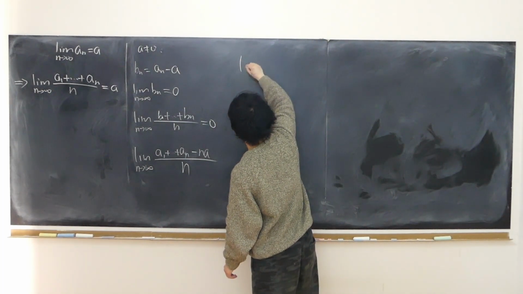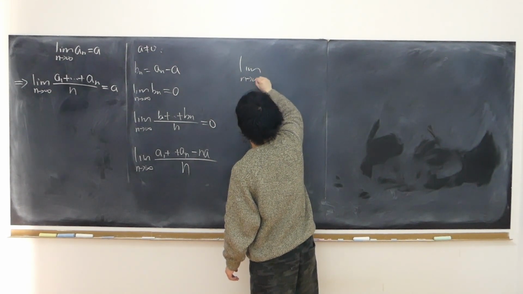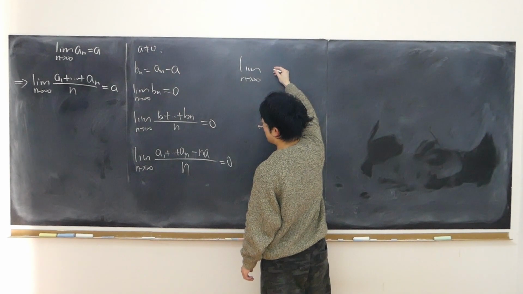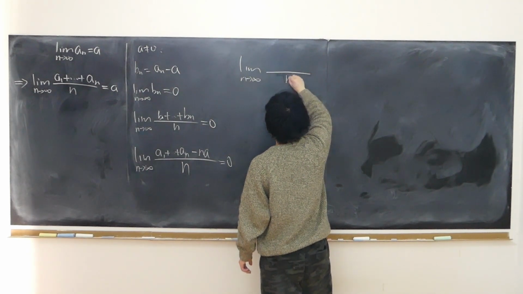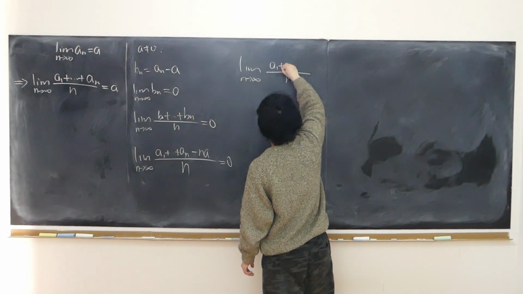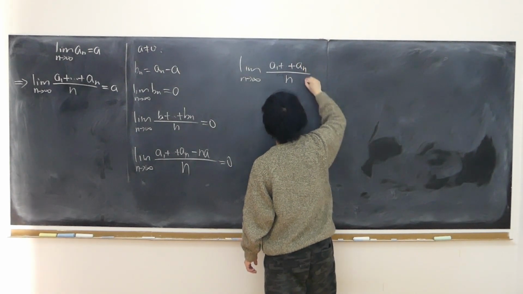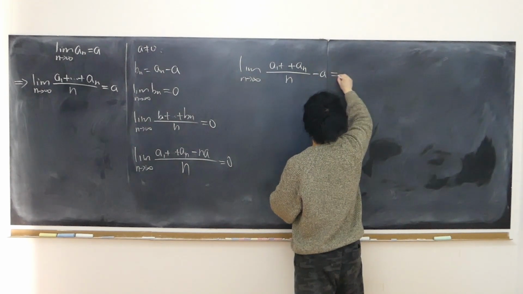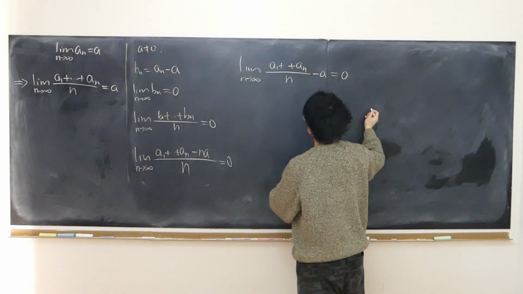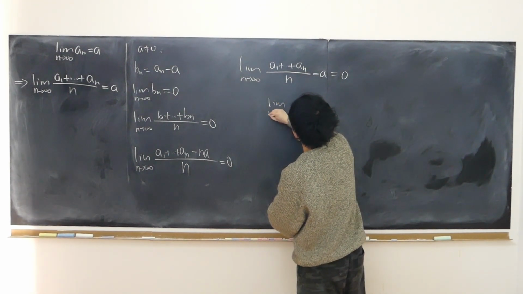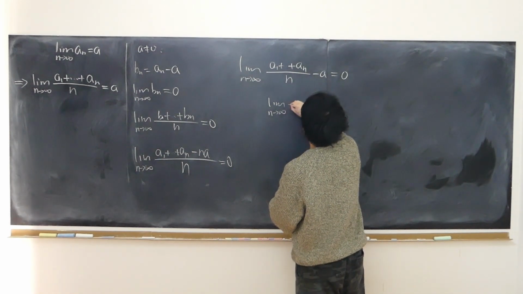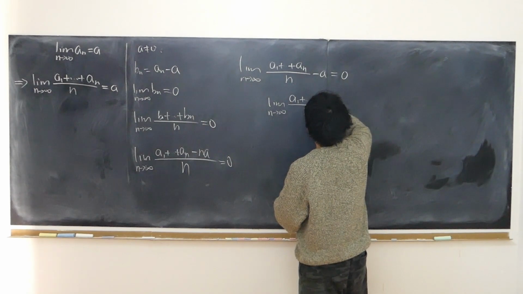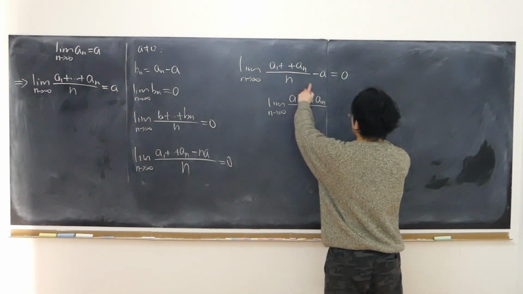In other words, the limit of (A1 plus all the way up to An)/n minus A is really approaching 0. In other words, we easily draw the conclusion that this limit actually approaches A.